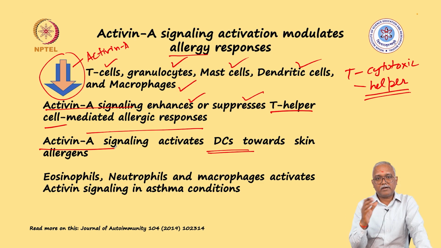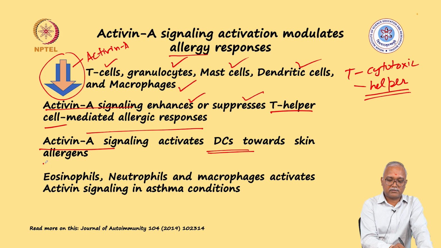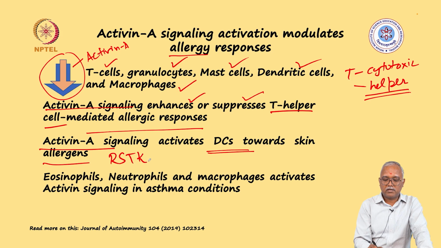So by multiple different routes, the presence of cues activates activin availability, and that activin binds to its receptor and activates the RSTK, receptor serine threonine kinase signaling through the activin receptor.